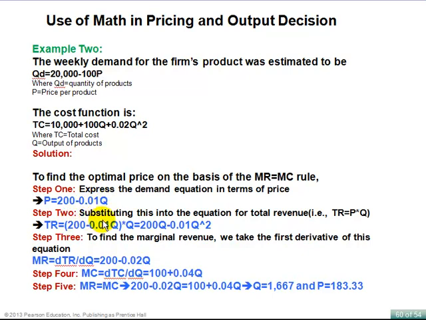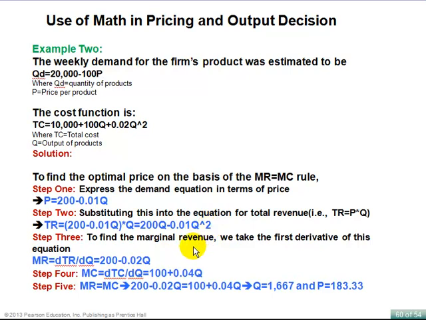Step 2. Substituting this price equal to 200 minus 0.01 Q into the equation for total revenue, because the total revenue is the price per unit times the quantity. So total revenue is 200 minus 0.01 Q times Q. Then we get 200 Q minus 0.01 Q squared.